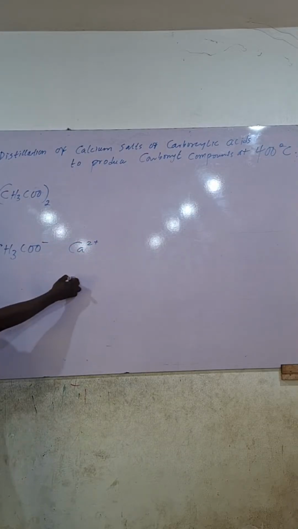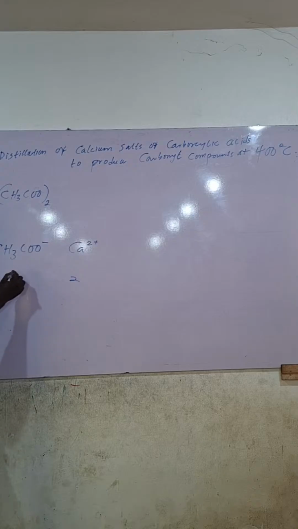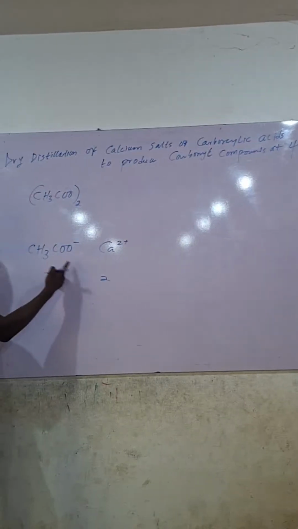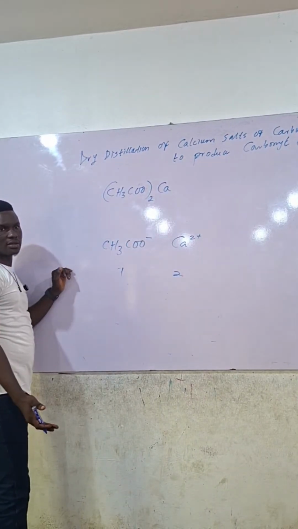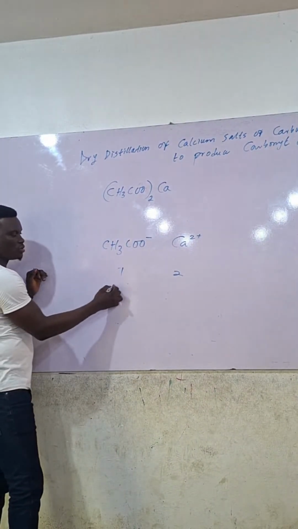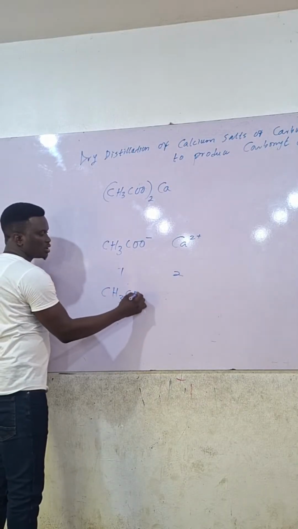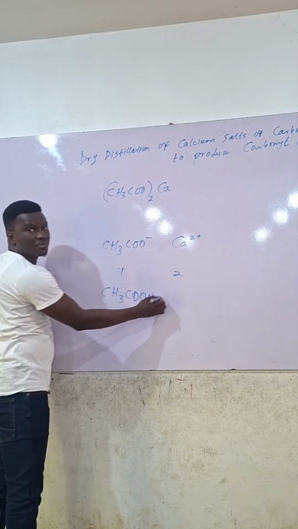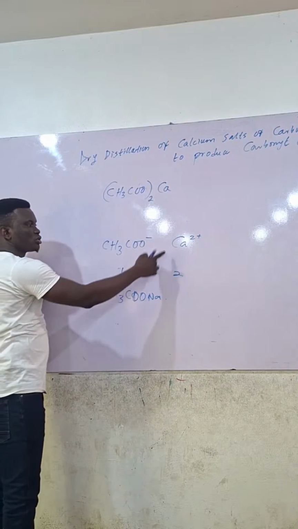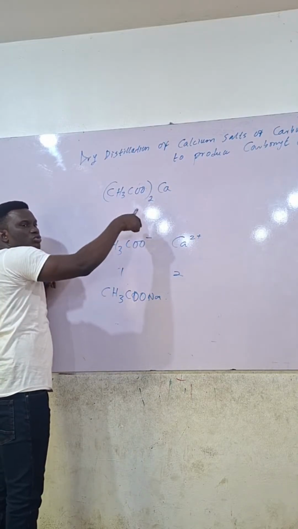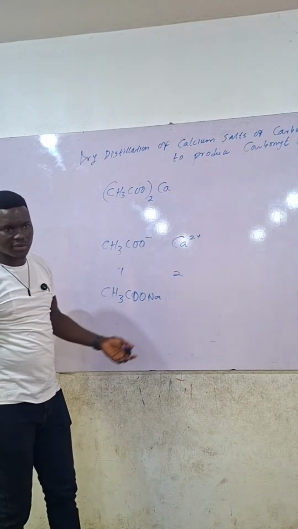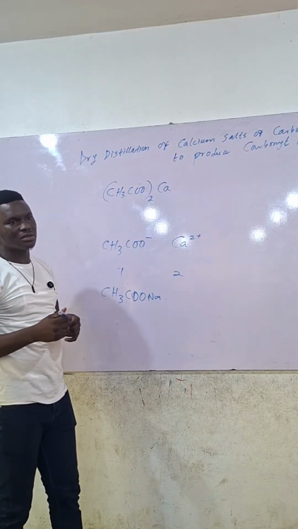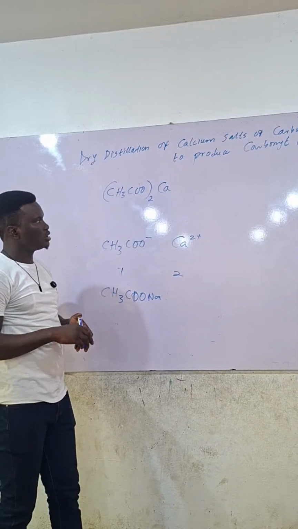So if I swap their ions, I'm going to have (CH3COO)2Ca. Like sodium ethanoate will be CH3COONa, but this one will be (CH3COO)2Ca. What they now ask you here is, what are the likely products? With this, you should get just one product.